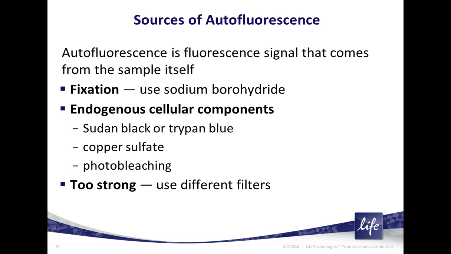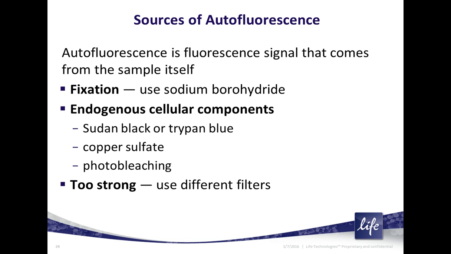Some cellular compartments are just fluorescent, for instance, NADH in mitochondria. It autofluoresces in blue. You can block this with compounds like Sudan black, or you can photo bleach it away prior to incubating with your primary. There are papers on these various different techniques.